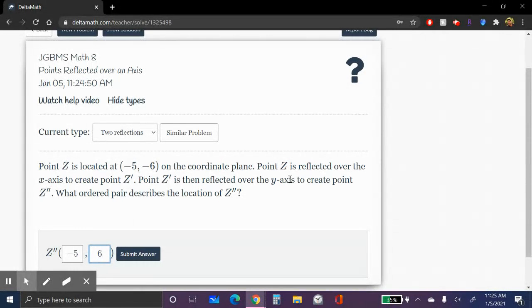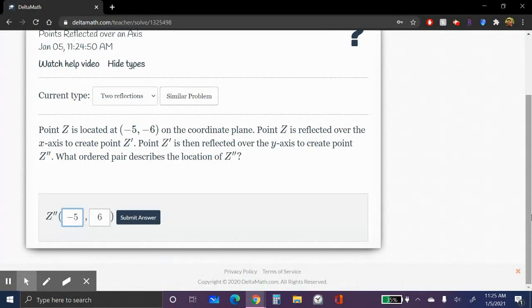So over the y-axis, you have to change the x value. So they have to change that back. Oh, there goes my mouse. to +5, +6. So what's the ordered pair of z double prime? It's 5, 6. Basically, we just changed both coordinates. So whenever you reflect it over the x-axis, then the y-axis, or the y-axis, then the x-axis, you change actually both values.